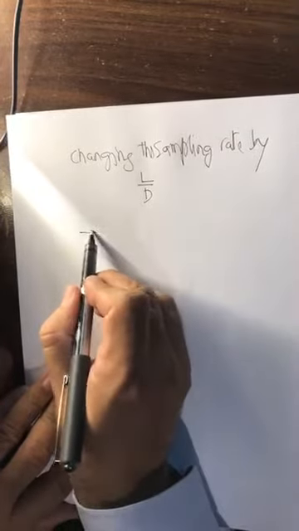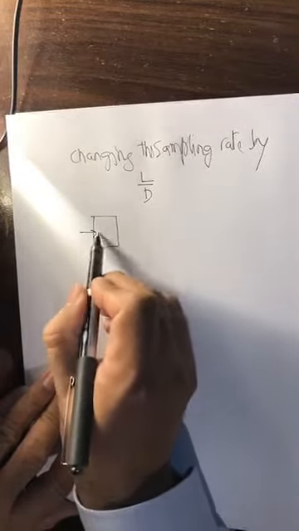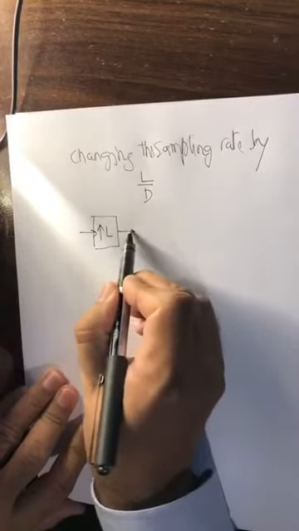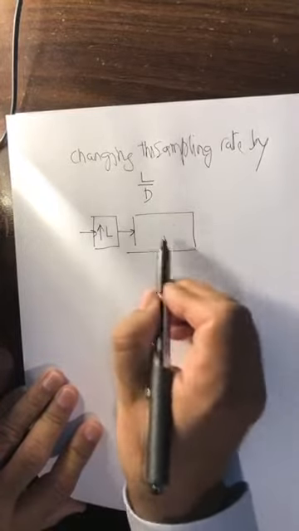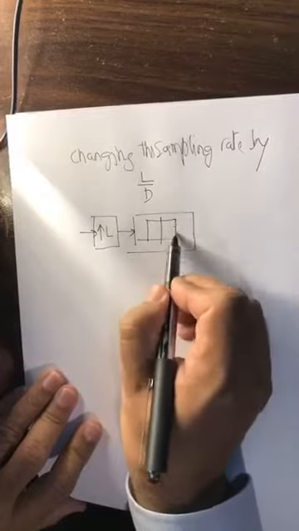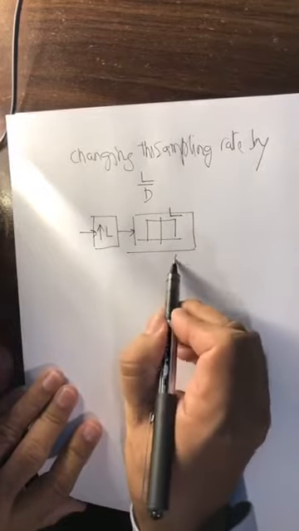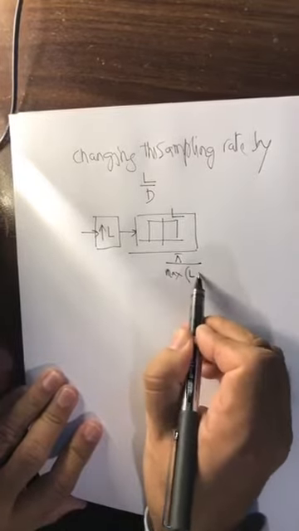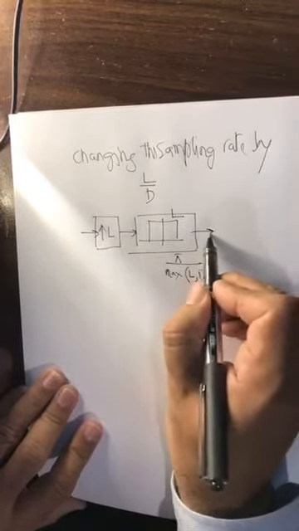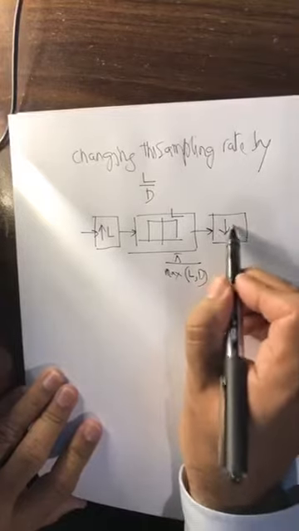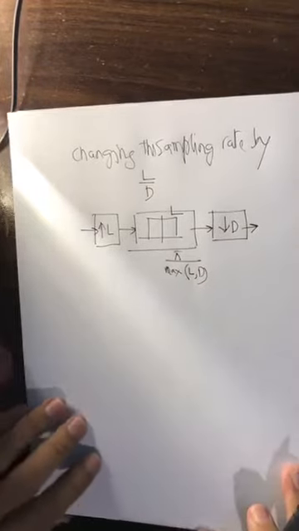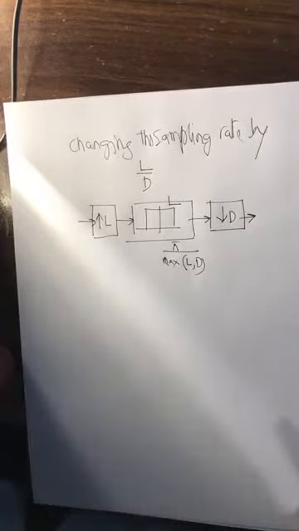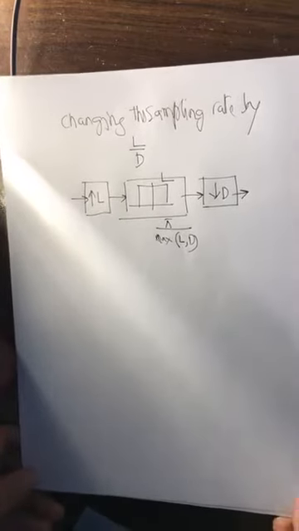First, inserting zeros, then passing it through a filter with L gain and pi over whatever is the maximum of L and D, and then throwing away samples.